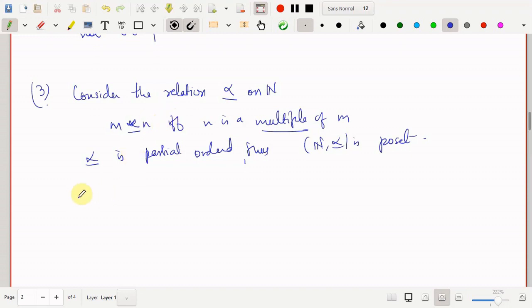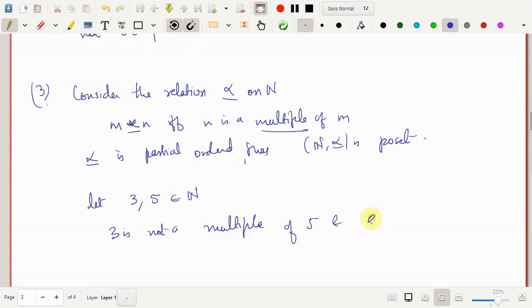Easy choice. You consider any, say, prime numbers, say 3 and 5 in N. 3 is not a multiple of 5, and 5 is not a multiple of 3, and so therefore 3 is not related to 5 and 5 is not related to 3.